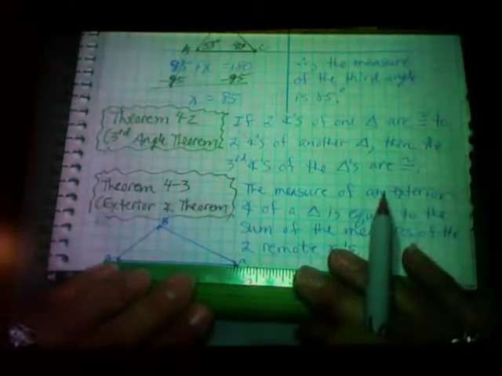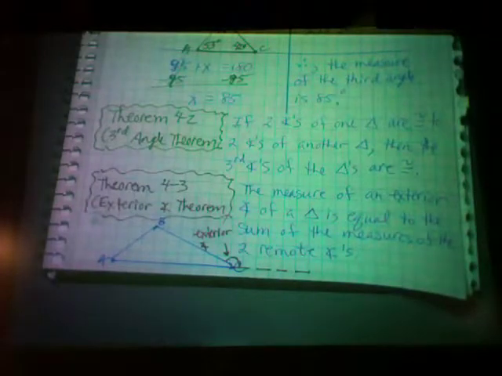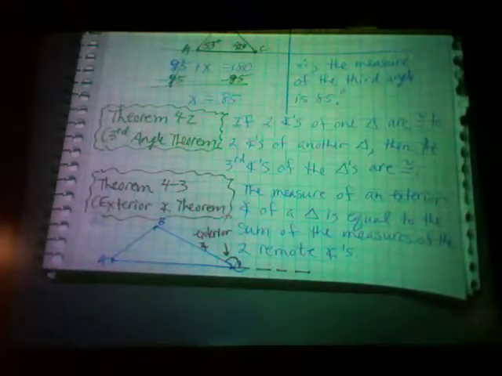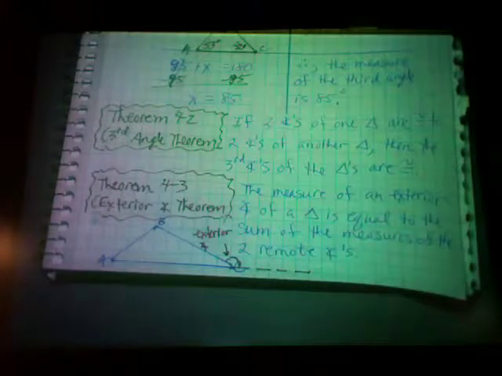So let's go ahead and extend AC. I'm going to extend it with a dotted line, because it really doesn't belong to the triangle. And this angle right here is your exterior angle. Now, we have to look at what the remote angles are.